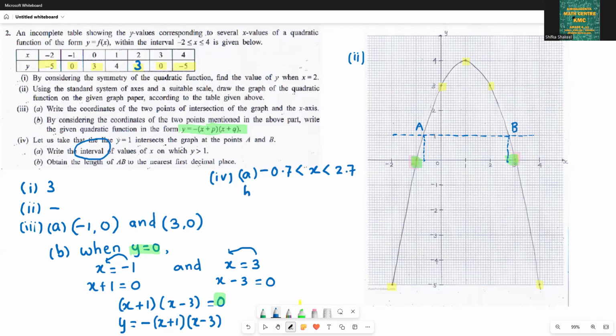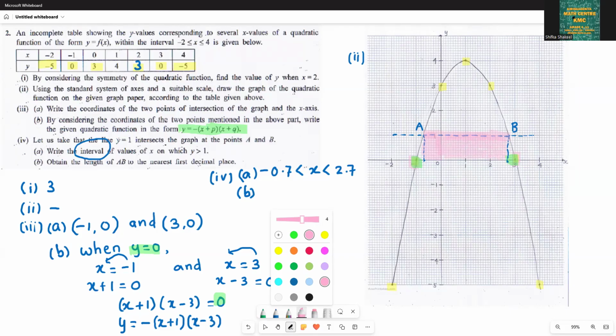Now the last part, B part: obtain the length of AB to the nearest first decimal place. So the length of AB, this line, you have to write to the first decimal place. Here to here the length is 0.7, and this part is 2.7.